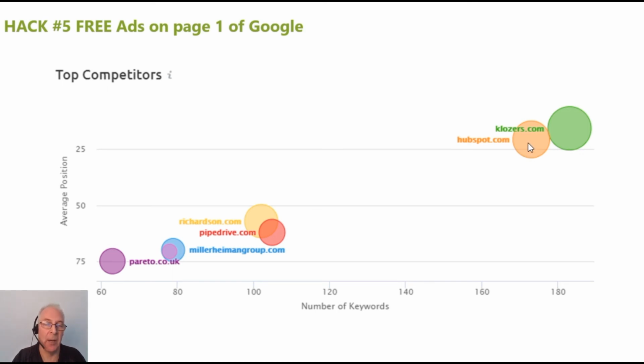This one up here is HubSpot. HubSpot's not a direct competitor of ours. However, they compete with us for search terms because they're selling sales software. They're trying to compete with us on a lot of the search traffic. To be fair to them, I would suggest that they are excellent and probably one of the best at what they do. And we put them up here because they're a good benchmark for us to compare ourselves with. We need to be better than the best.